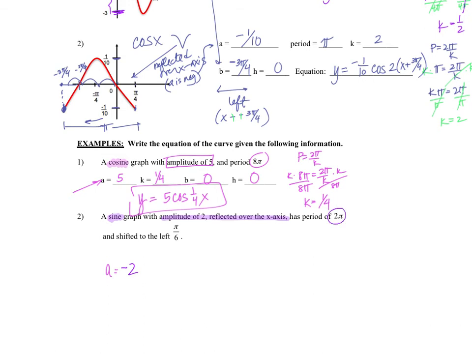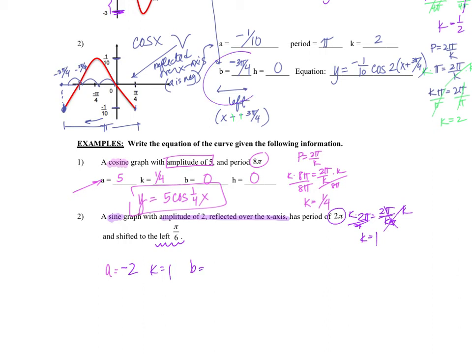Okay, if the period is 2 pi, so 2 pi is equal to 2 pi over k. What's k equal to? 1. And again, you could do that math, multiply both sides by k, divide by 2 pi, and all cancel out to be a 1. So k is equal to 1. B, it has a period of 2 pi and shifted to the left pi over 6.